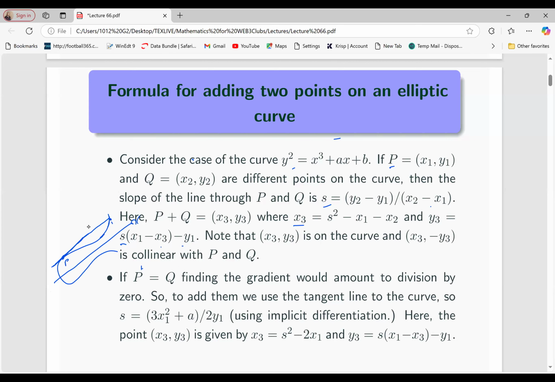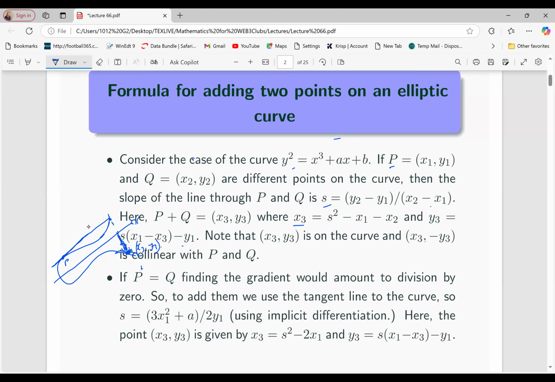Then we reflect it through the x-axis. Now, this is the point we are looking for. This is the sum of P plus P. We call it x3, y3.